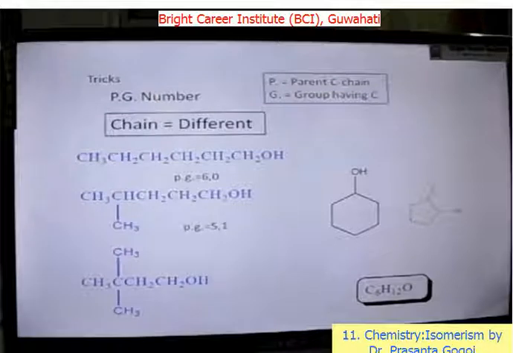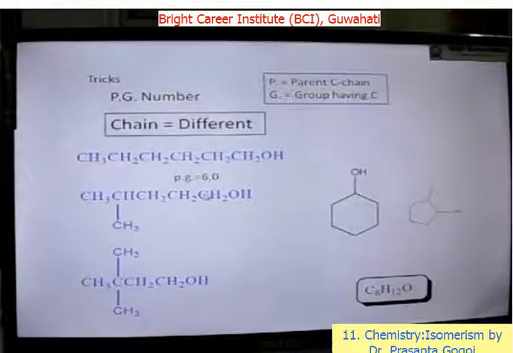And you can see that in the next example, the OH group is directly attached to this carbon, so it should be counted from this side. So number 1, 2, 3, 4, 5. So the PG number should be 5, and one carbon substituent is present, so the PG number should be 5, 1.